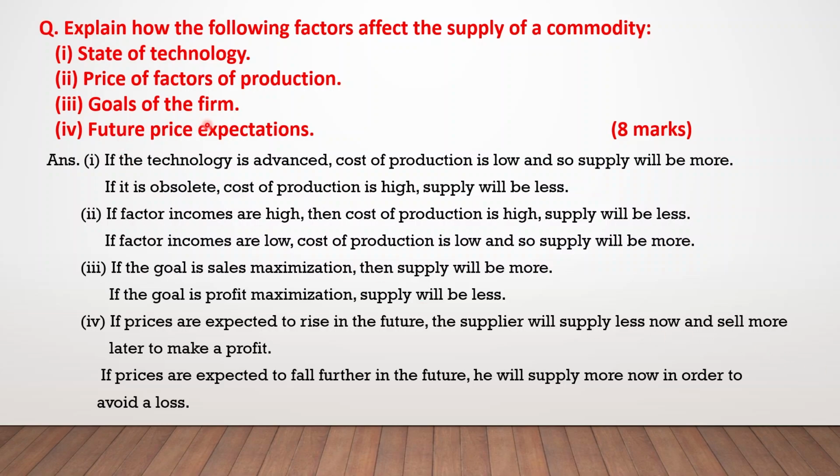Third is goals of the firm. The goals of the firm could be sales maximization or profit maximization. Many of us are unclear about that concept. Fourth is future price expectations. Many students link the future expectation of price with demand and thereby the effect on supply.